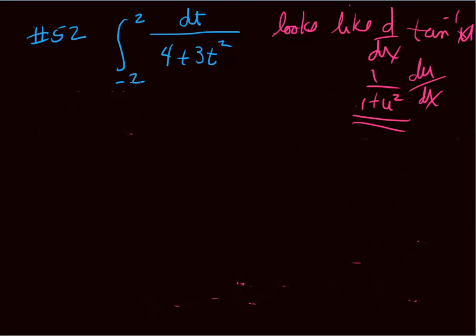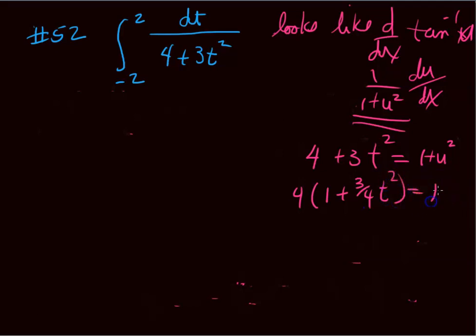Well, if we want, we can take the 4 plus 3t squared and make that become 1 plus u squared. We can factor out a 4, and this will then be 1 plus 3/4 t squared equals 1 plus u squared.